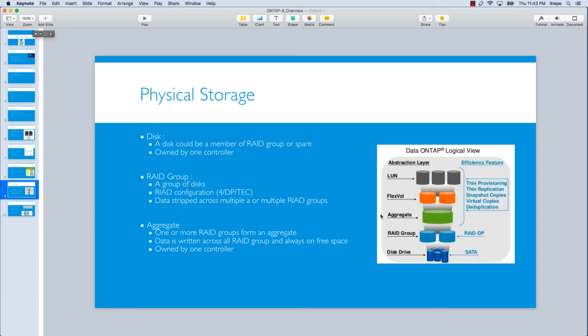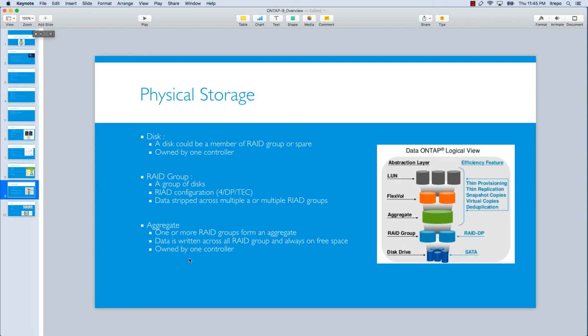So with SAS, for example, the performance is better than SATA, and it all depends on the desired level of performance and utilization that you need. I want to highlight this part again: although only one controller can own an aggregate, aggregates can be relocated to the HA partner for service or performance reasons.